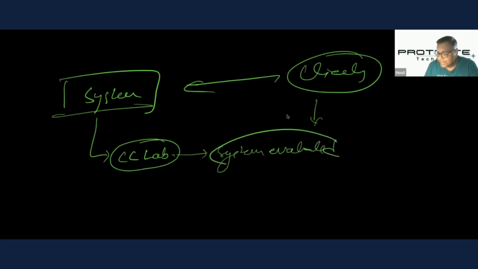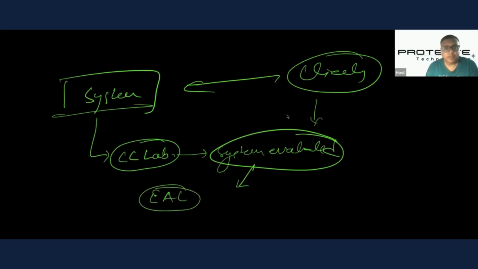Based on this evaluation, I'm given something called EAL, evaluation assurance level. EAL is numbered from 1 to 7. 7 is a very, very rigid form of system testing. 1 is not a very rigid form.